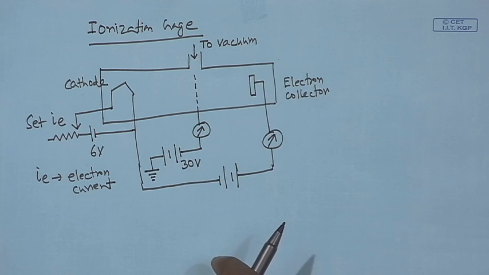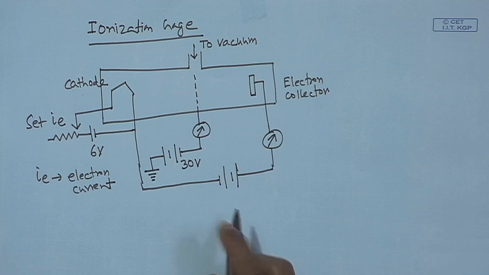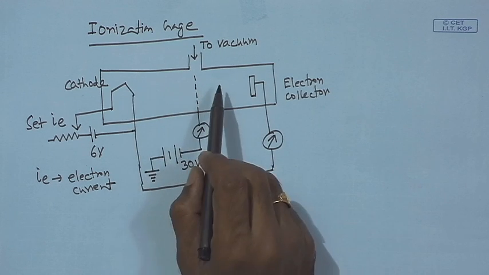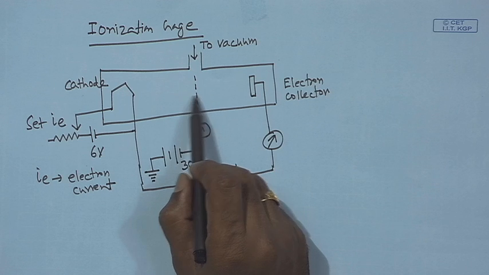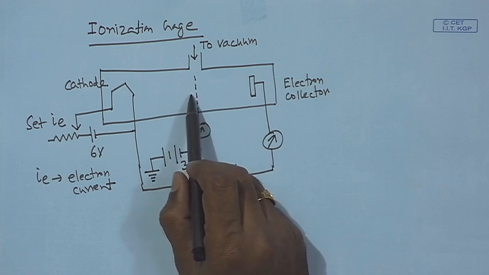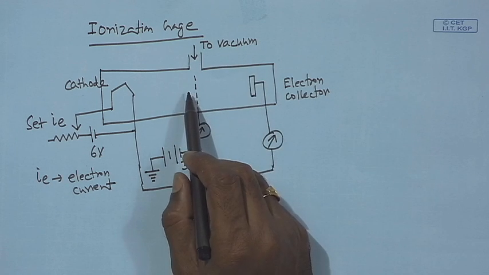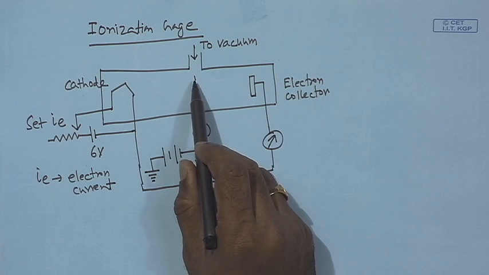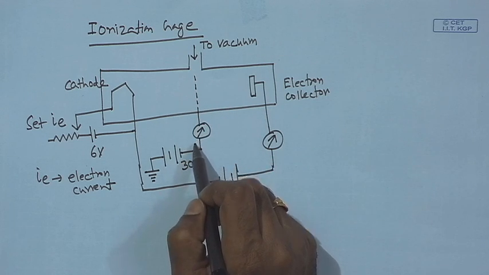Typical value may be like this. So, emitted electrons from the cathode strike the gas molecules that are present in the enclosure when it is connected to the vacuum source. Positively charged ions are formed and they are collected by this ion collector.